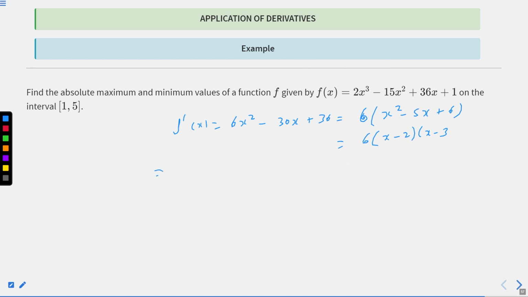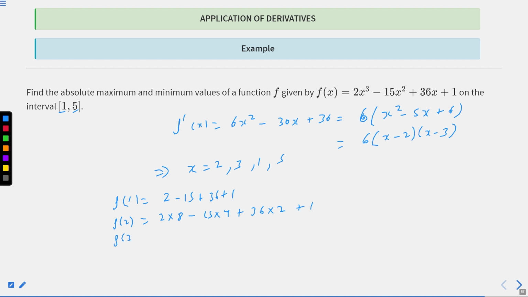Now putting it equal to 0, what points will you have? You will have x is equal to 2, x is equal to 3, and 2 more points, 1 and 5, the endpoints also. Now find f of 1: it is 2 minus 15 plus 36 plus 1. Now f of 2 will be 2 multiply 8 minus 15 multiply 4 plus 36 multiply 2 plus 1.